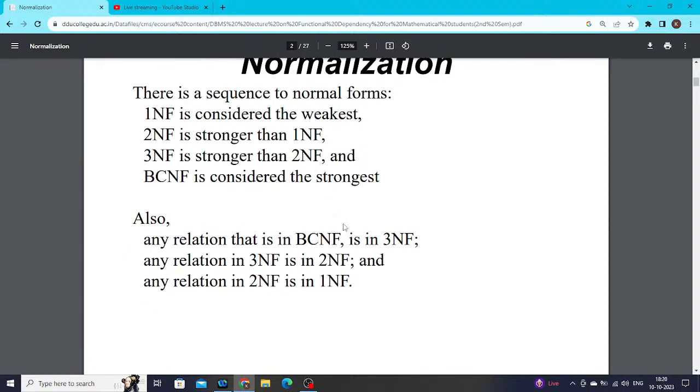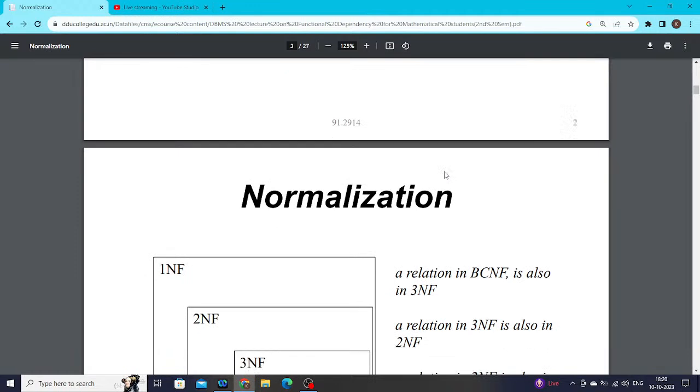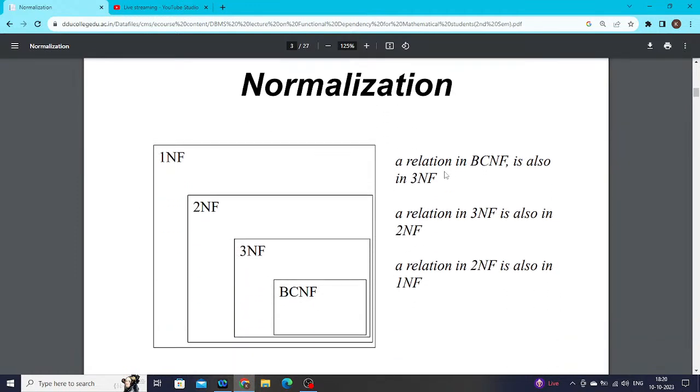Okay. Also, any relation that is in BCNF is in 3NF, any relation in 3NF is in 2NF, and any relation in 2NF is in 1NF. Okay. So normalization is like this: first fulfill the condition of 1NF, and if it satisfies 1NF, then it fulfills the condition of 2NF, then the second condition of 3NF is fulfilled, and in BCNF the third is fulfilled.